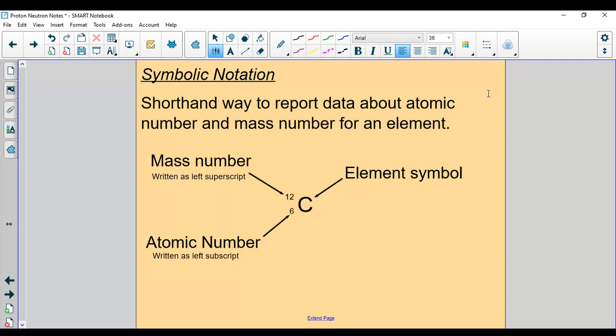Remember, that's protons plus the neutrons. The atomic number written to the lower left is the number of protons. So this is an easy way to do analysis of several different elements and compare and have that mass number and atomic number easily accessible to analyze.